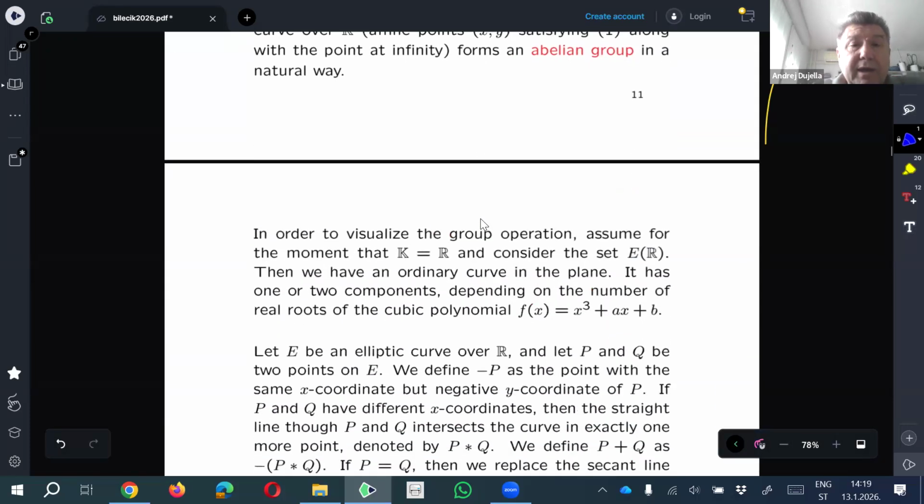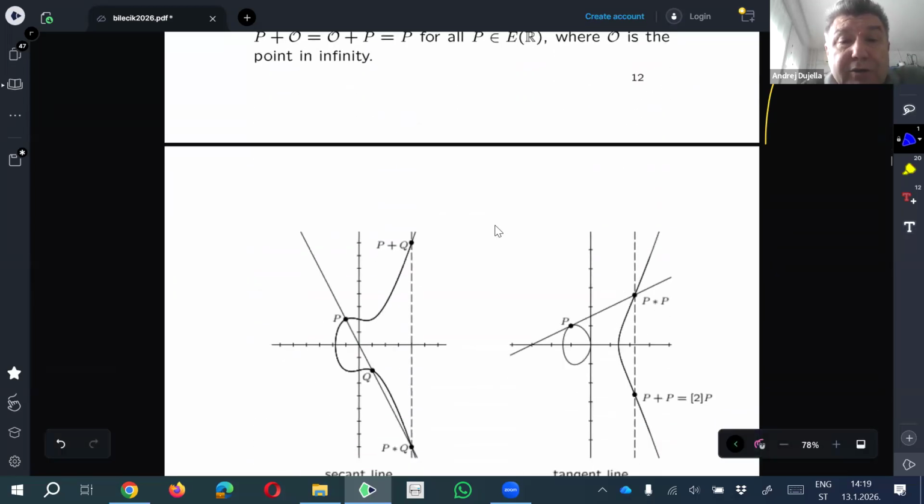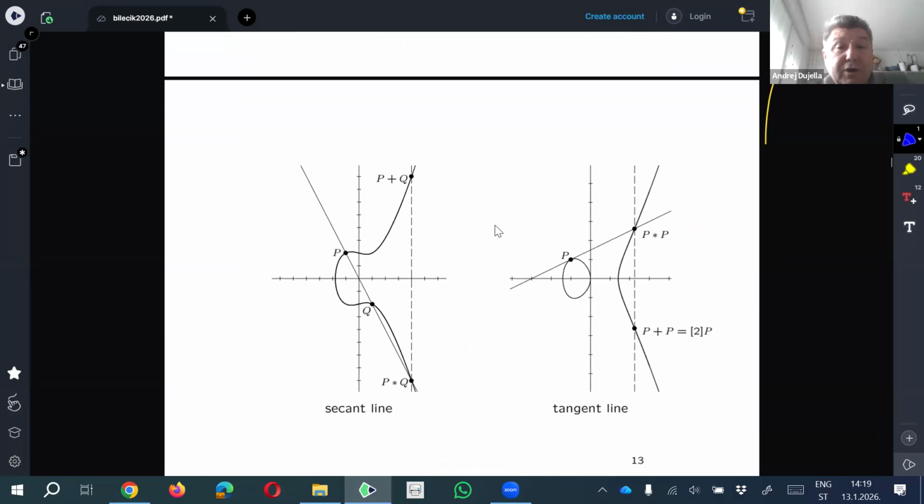This natural way can be visualized if we assume for the moment that the underlying field is the field of real numbers, so that we can draw some picture. So an elliptic curve can look like this or like this.